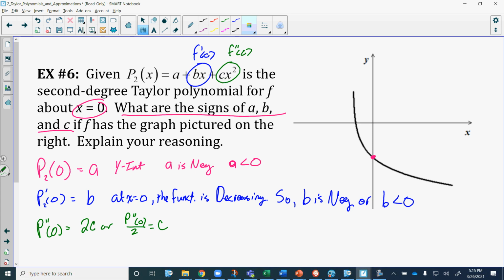Okay, well, what do we have here? What are we doing it at? We're talking about it at x is equal to 0. At x is equal to 0, the function that we see is concave up.